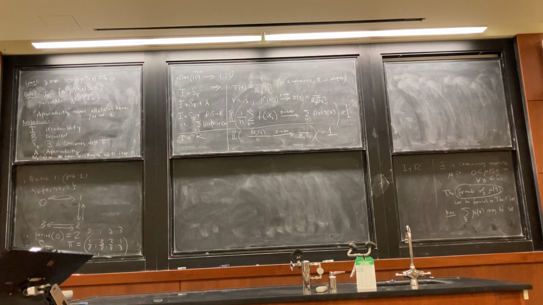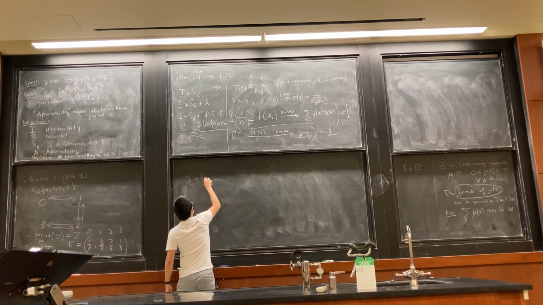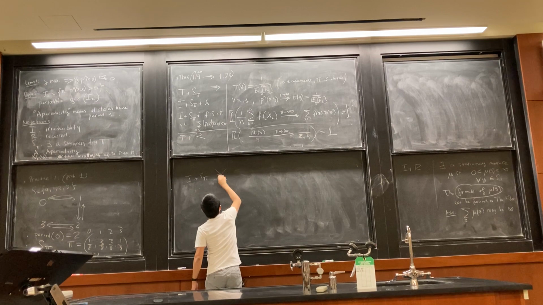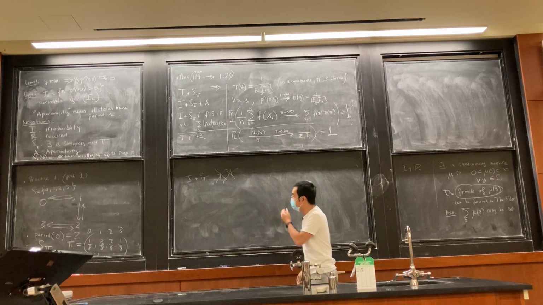And is this chain irreducible? It is. From anywhere, I could go to anywhere in finite time. So I do have irreducibility, and I have S pi, but not aperiodicity.